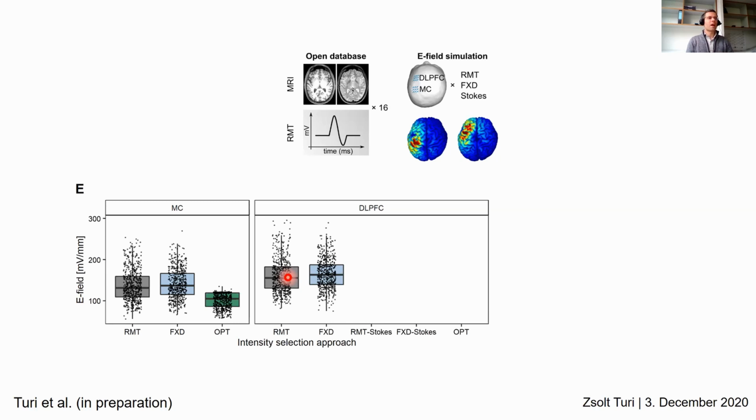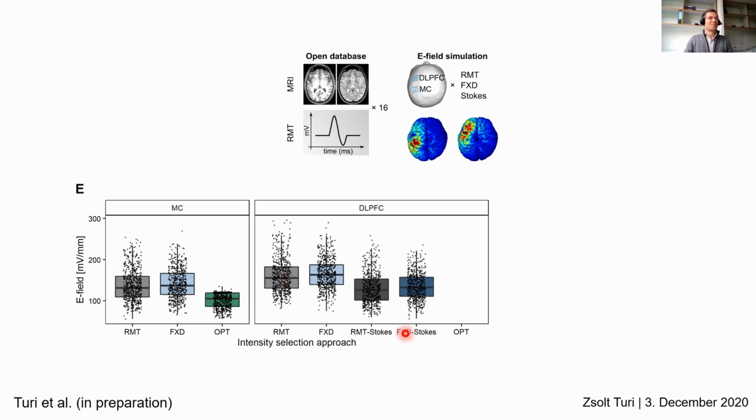So we also estimated the scalp cortex distance at the DLPFC. This was shorter, and therefore we overstimulated the DLPFC if we would have used the same stimulation intensities. Then we checked the Stokes correction methods.